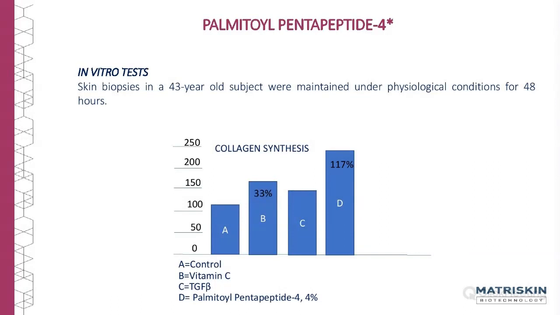But palmitoyl pentapeptide, when used in clinical studies, produced a 117% increase in collagen synthesis over a period of time. The candidate that was assessed in the study was a 43-year-old subject.